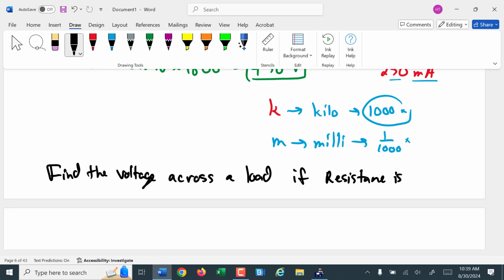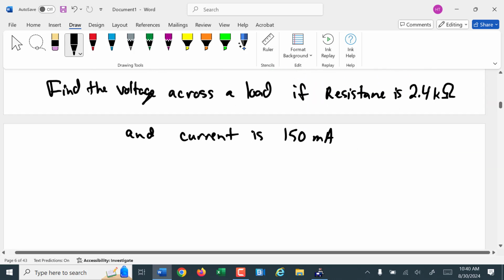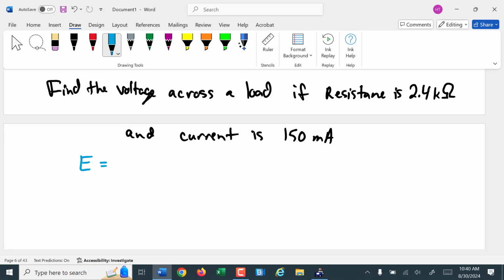So we actually define the voltage across a load. If the resistance is 2.4 kilo ohms and the current is 150 milliamps.